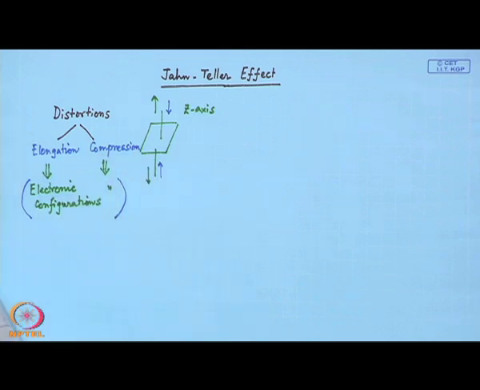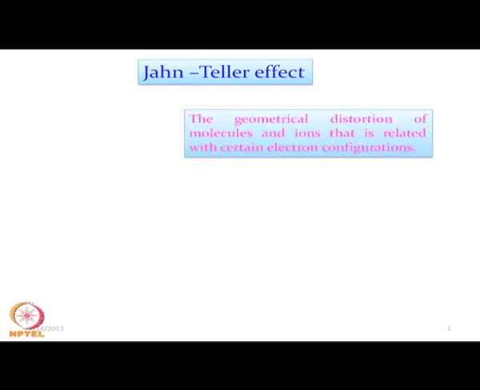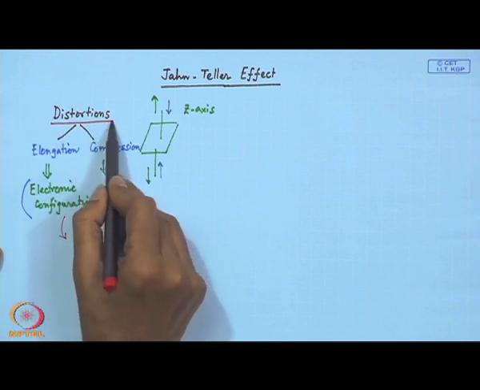So, in this particular Jahn-Teller effect, the geometrical distortion of molecules or ions is related with certain electronic configurations. If we now focus our attention on the electronic configurations, they would be related to the reverse, that means the distortions.